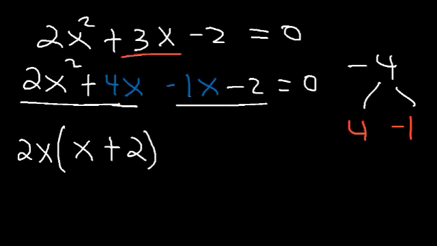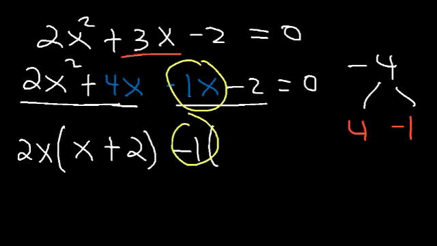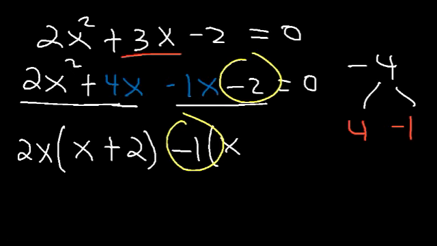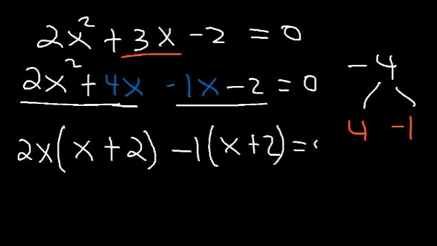In the last two terms, let's take out a -1. -1x divided by -1 is simply +x, and -2 divided by -1 is +2. Notice that we have a common factor, x plus 2. When you see that, it means you're on the right track. If they're different, you need to go back and check your work because there's an error somewhere.